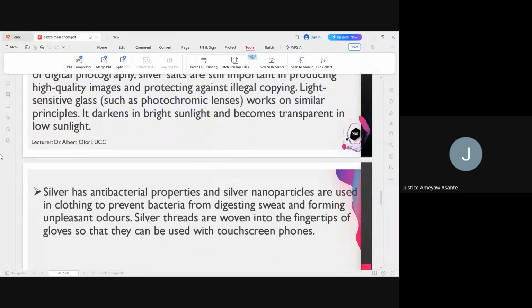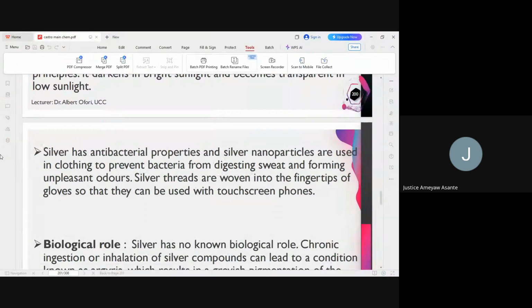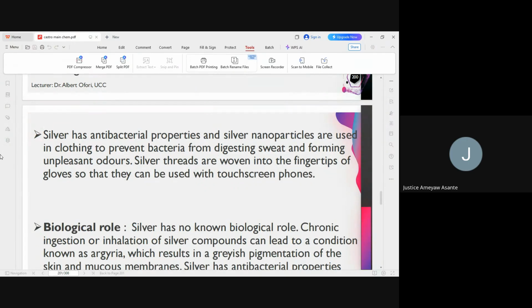Silver has antibacterial properties, and silver nanoparticles are used in clothing to prevent bacteria from digesting sweat and forming unpleasant odors. Silver threads are woven into fingertips of gloves so that they can be used with touchscreen phones.